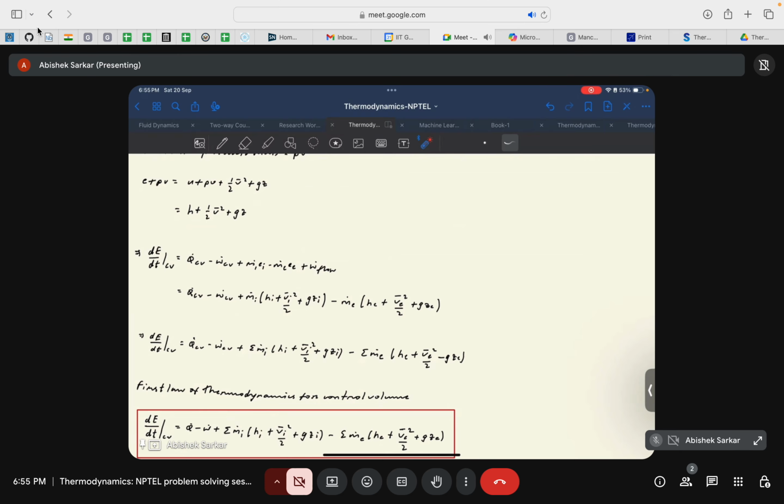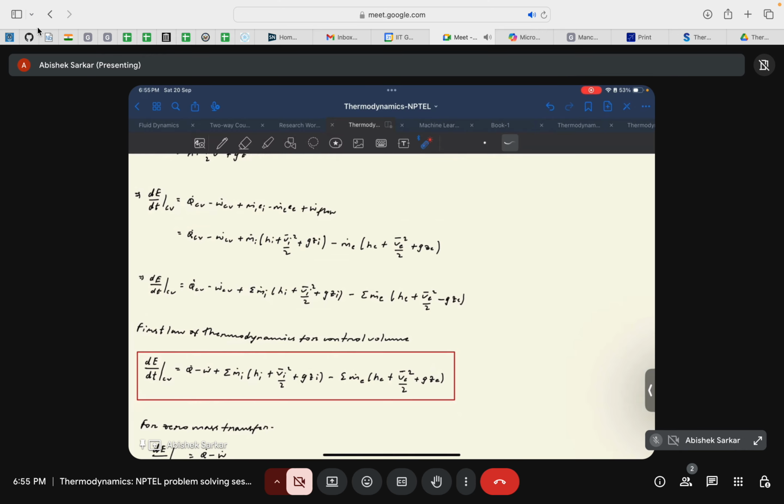But since there is a net mass flux to the control volume, it will also have a corresponding energy value that corresponds to this mass flux. So there will be a relevant energy flux as well. So that's why these terms become relevant.